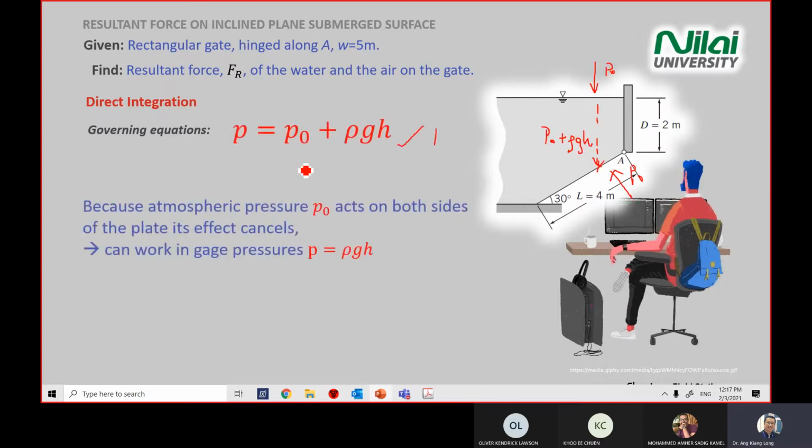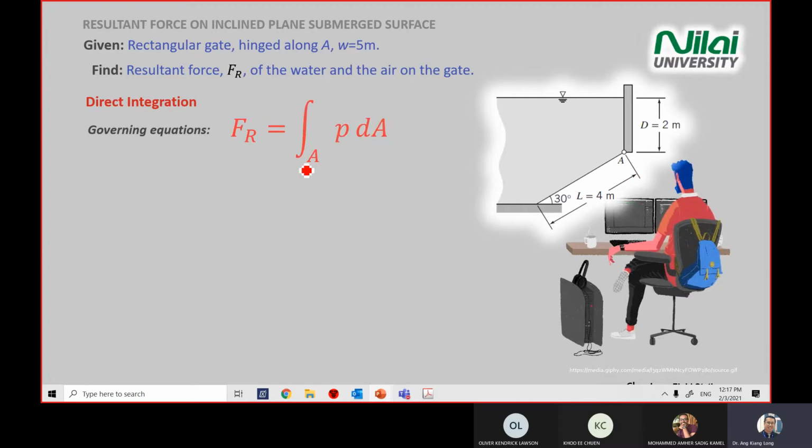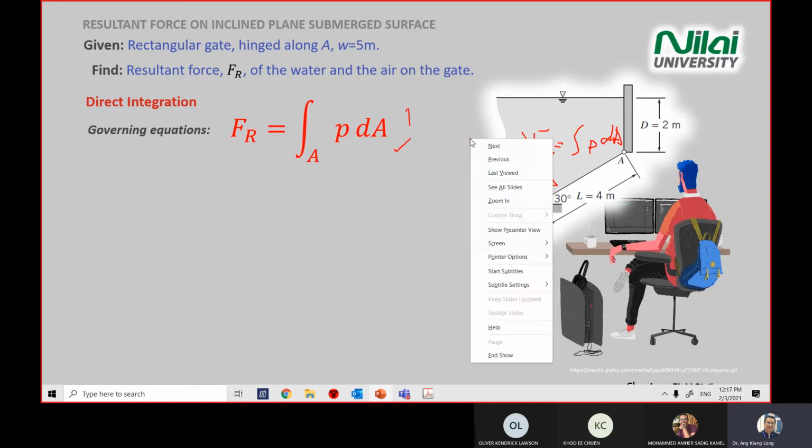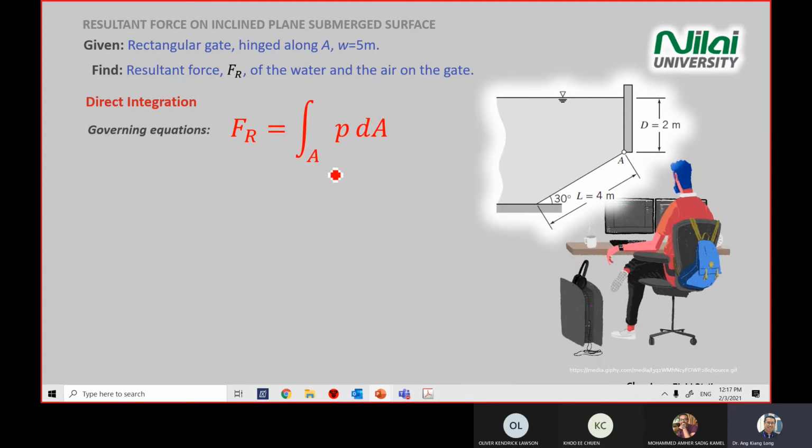The first equation is P. The second equation is your FR, because you want to find your resultant force. FR equal to integral of P dA. Make sure you know this equation. If you write this equation, you get 1 mark. It's very easy to score in this module.